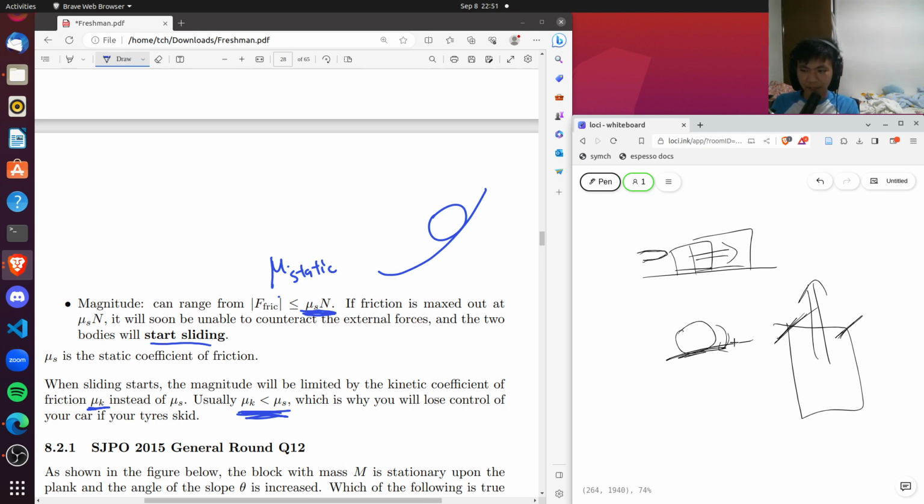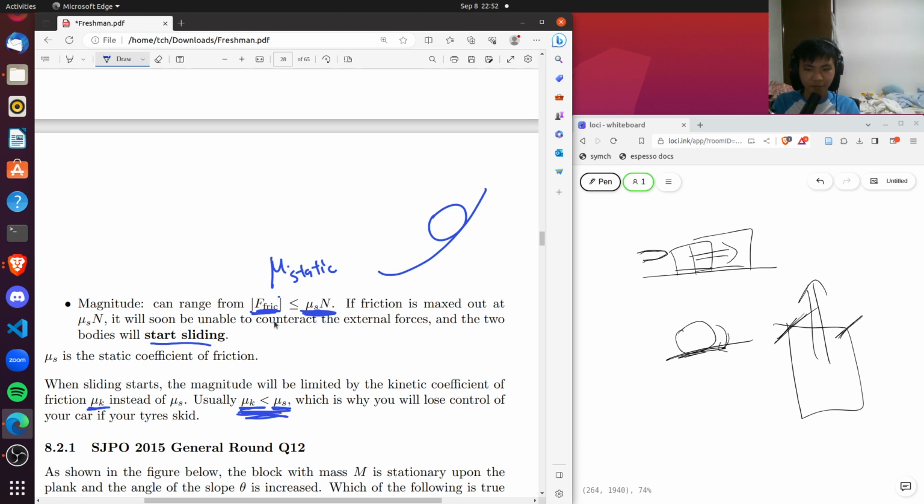So this is a case where if your wheel is not sliding with respect to the ground, if it's just rolling on the ground, then you have the luxury of having your maximum friction be mu s n. But the moment your car tire starts skidding against the floor, your frictional force is only maxed out at mu k n, and mu k is less than mu s.